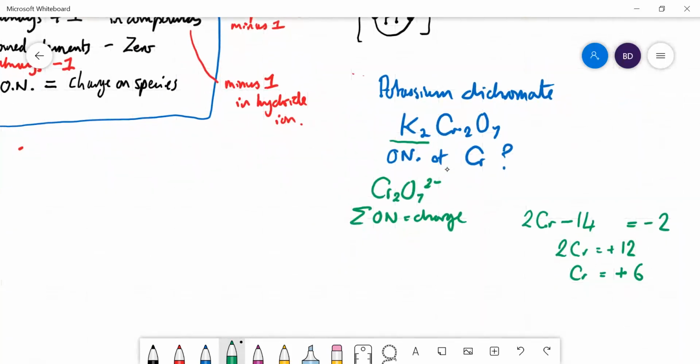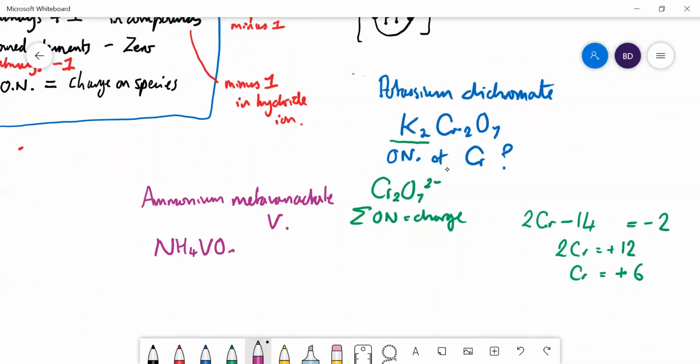This will be a very unfamiliar compound. It's called ammonium metavanadate. Okay, and vanadium is a transition metal, V. The formula of the compound is NH4VO3.